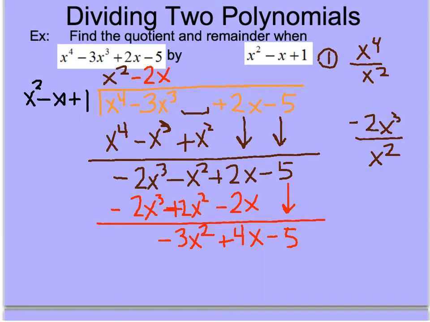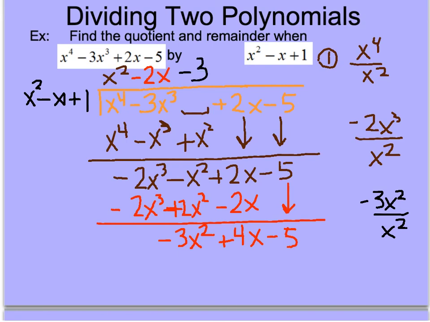Alright, repeating the process again. We take the leading term, divide it by the leading term here. So that gives us negative 3x squared divided by x squared, which just gives us negative 3.